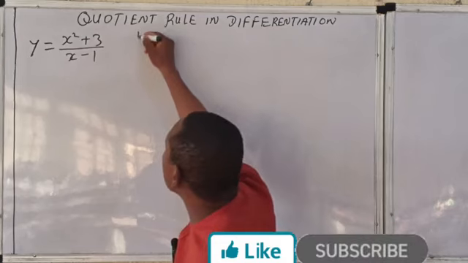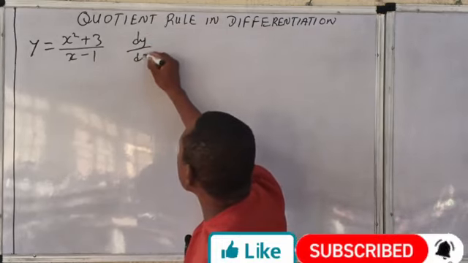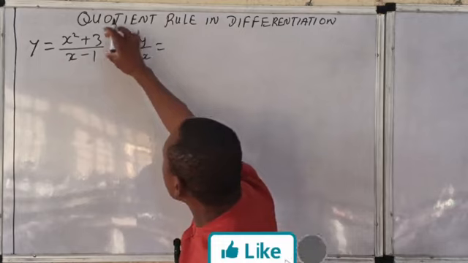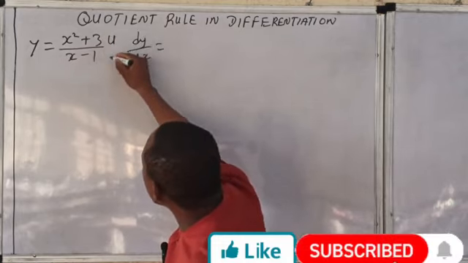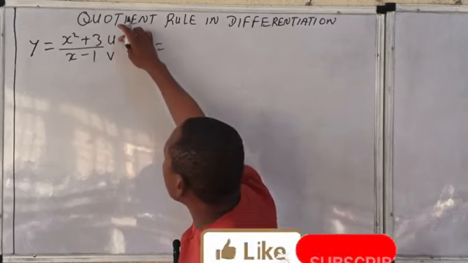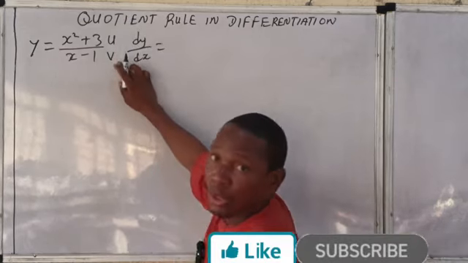To differentiate it, you use this formula: dy/dx is equal to, and we are going to label the numerator as u and the denominator as v.